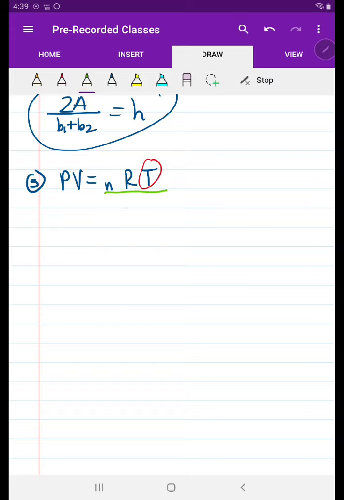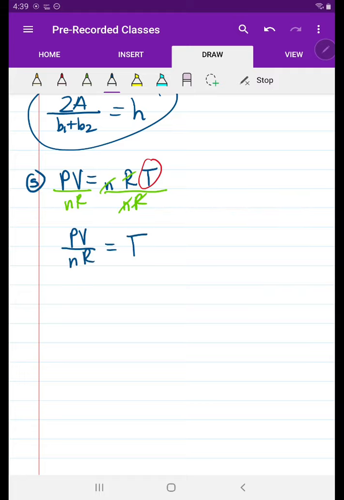So we want to get rid of the n and the R, so we'll divide both sides by n and R. On the right side, that'll cancel those, and what we'll be left with is PV over nR equals T. And that's it, we're all done. So that was a nice, simple one-step problem.